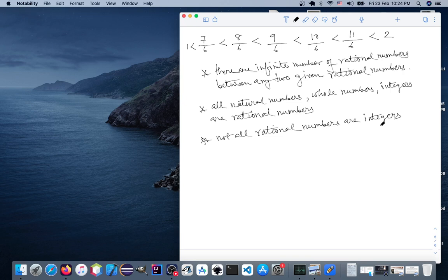Okay, so let's see example 1 of the NCERT book. Even though the solution is there, try to understand. It says, are the following statements true or false? Give reasons for your answers.